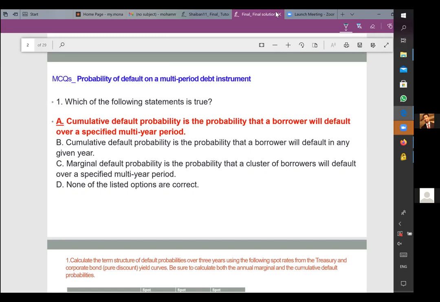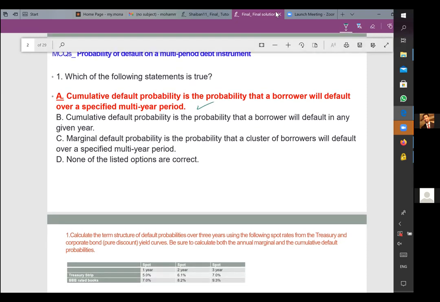If you look at the answer of this one, it's the cumulative. If you see this question in the test, it is a cumulative default probability. This is how we define it, because it's over year 1 and more than 1 year.